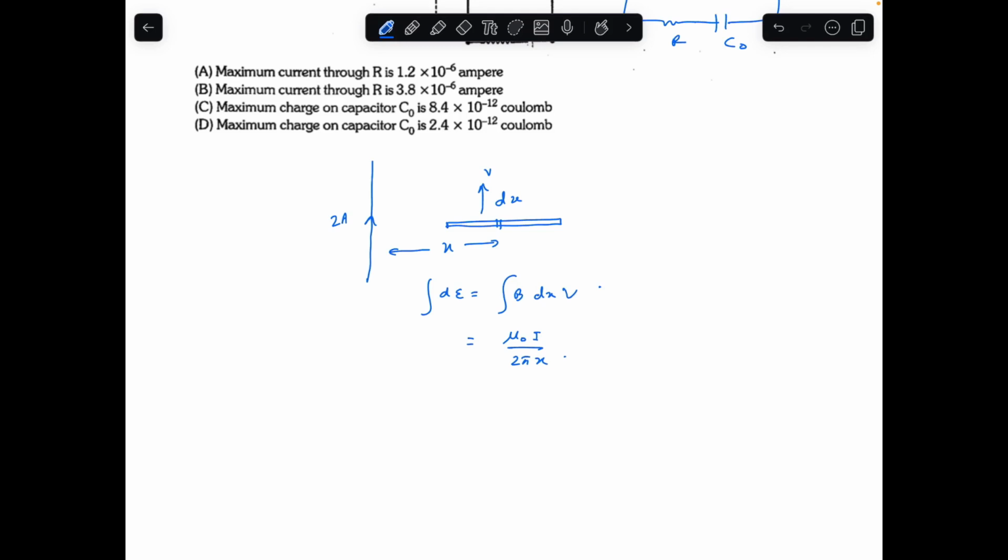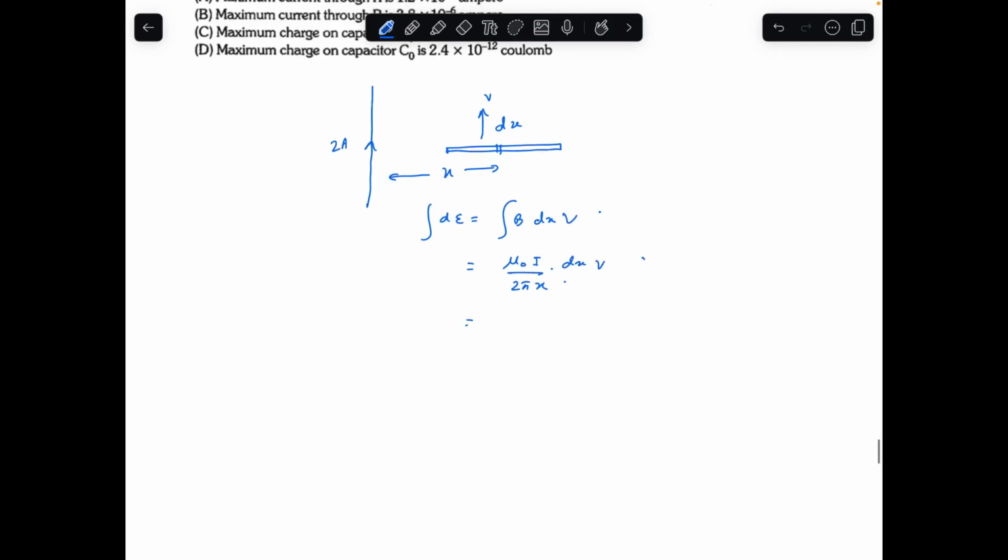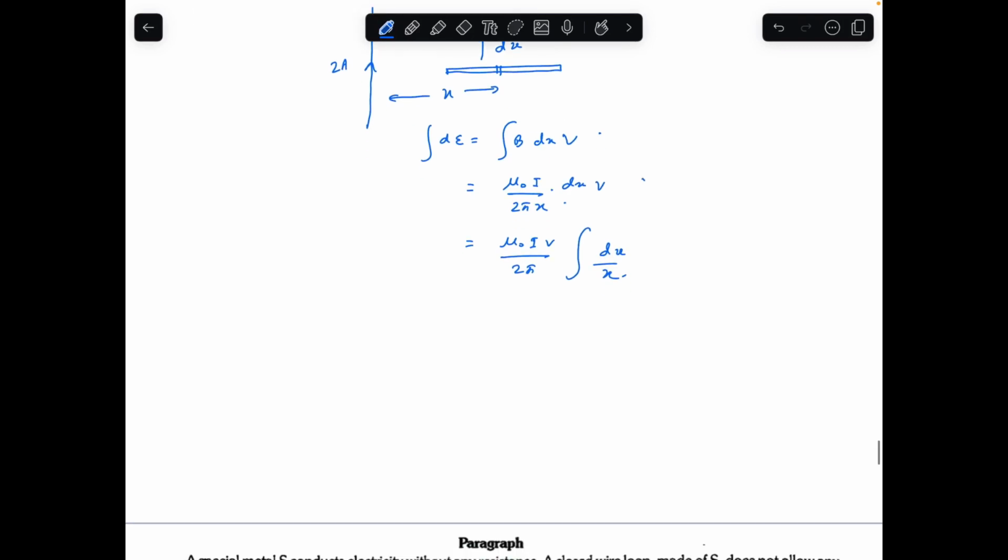This is v now. μ₀ I by 2πx dx into v. So μ₀ I v by 2π, integration of dx by x.